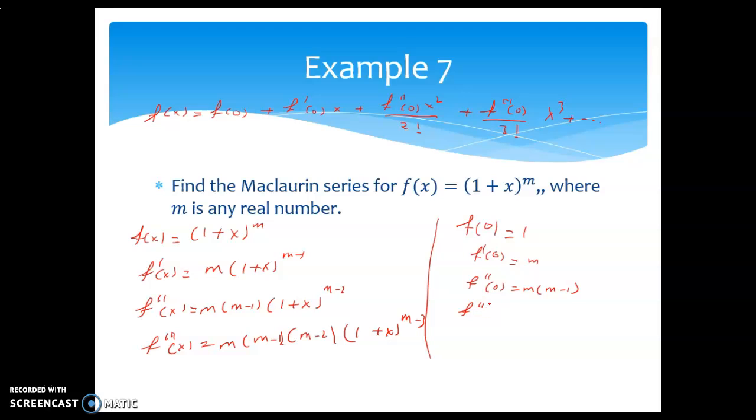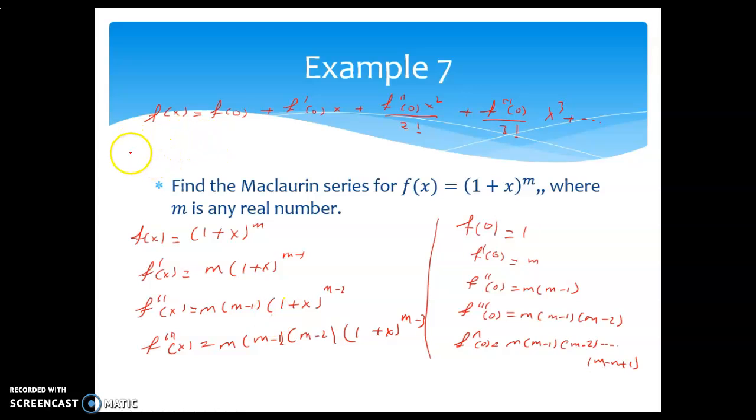F triple prime of 0 is going to be equal to m times m minus 1 times m minus 2, and so forth. So if we go to the nth derivative at 0, we're going to get m times m minus 1 times m minus 2 up to m minus n plus 1.